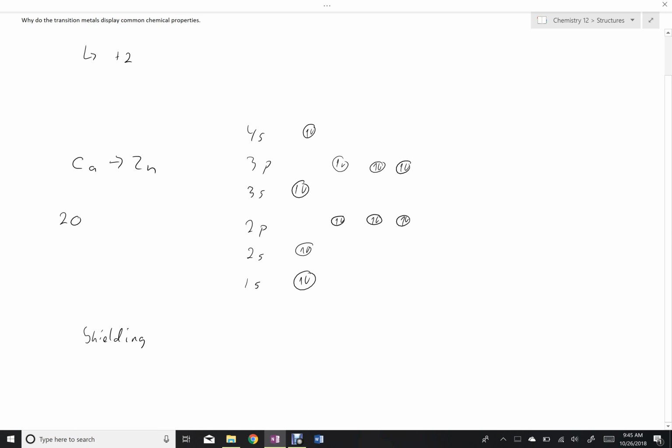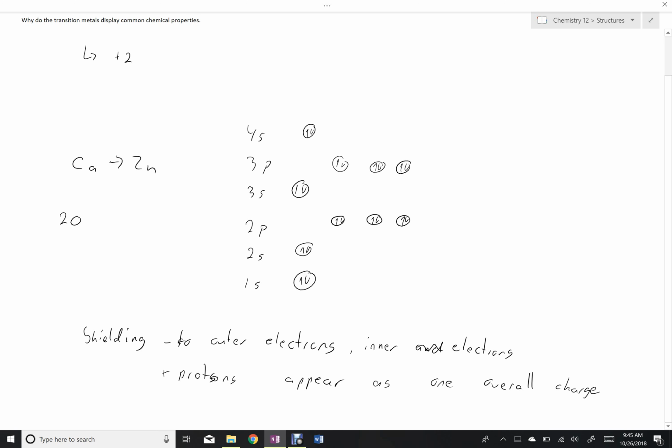Shielding says to outer electrons, inner electrons and protons appear as one overall charge, and that charge I call the effective nuclear charge.